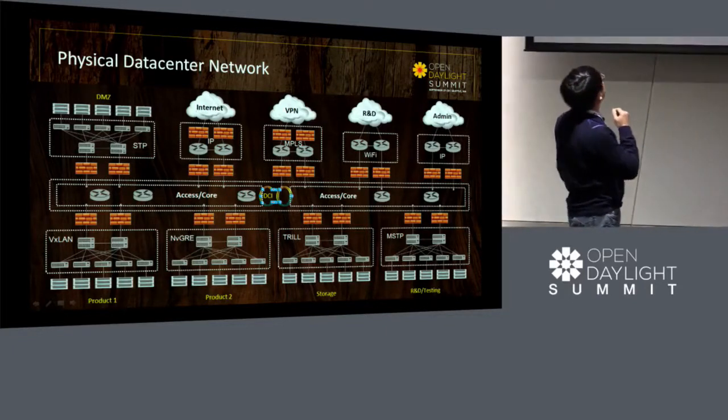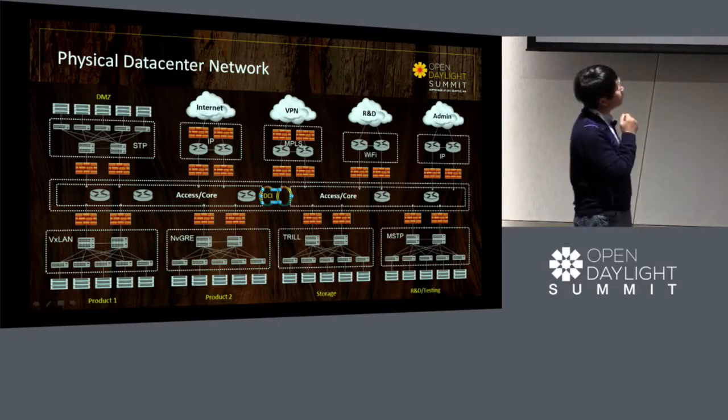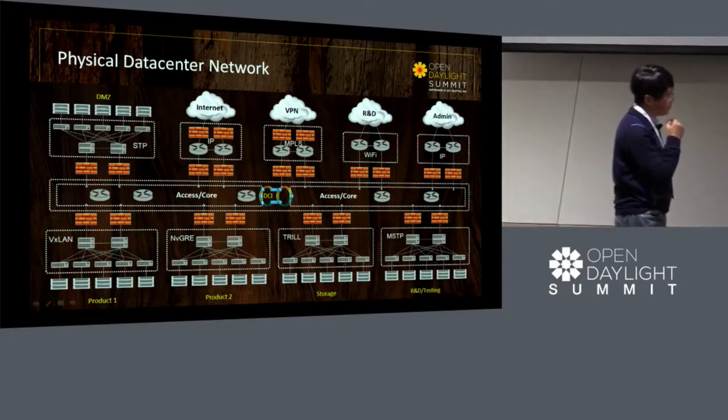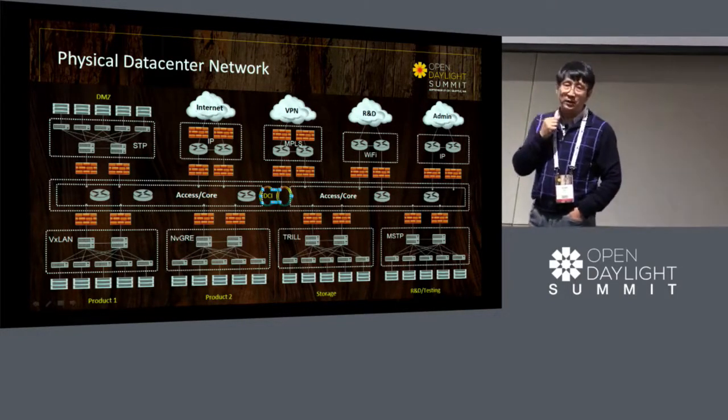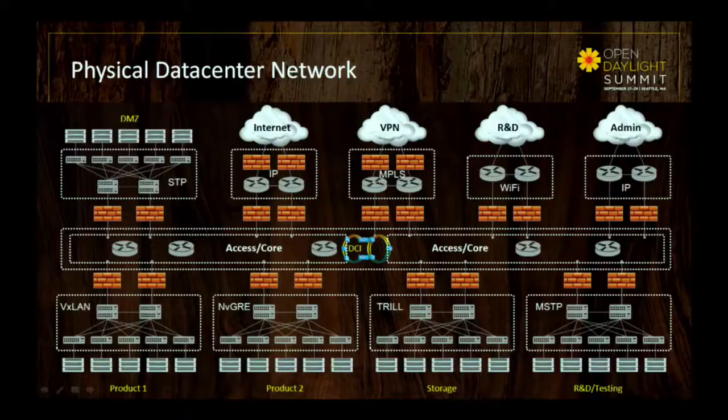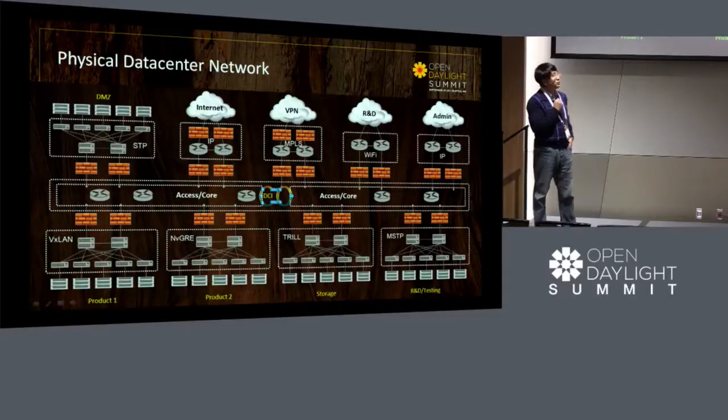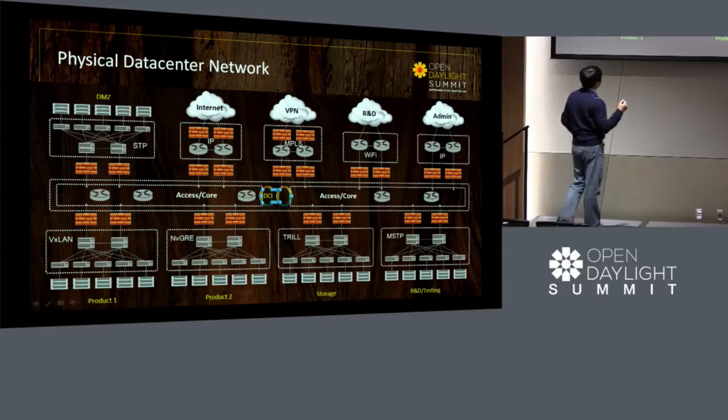This is a typical data center network, because for historical reasons customers build this kind of network. In this network, there are a lot of ports for a lot of reasons, for example physical limitation, space limitation. So they build one.